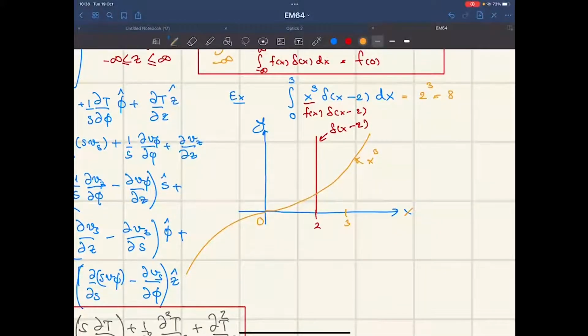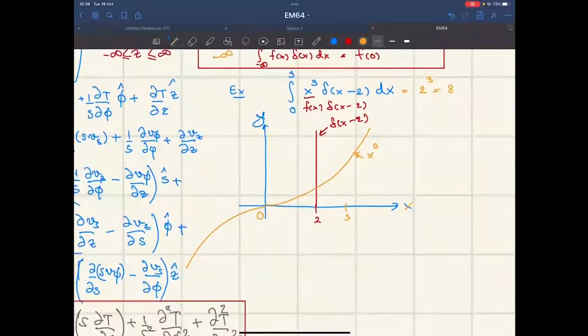Now, how about if I change the integration to 0 to 1, x to the third, Dirac delta function, x minus 2? Can you tell me what it is?